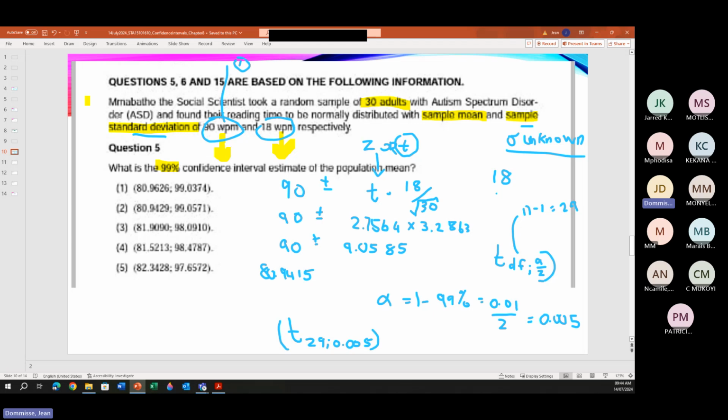Yes. The first thing that you need to look at, and that one confuses me a lot as well, is whether your standard deviation is known or unknown. So that's your first point of call, to say, is it the standard deviation of a population or a sample?